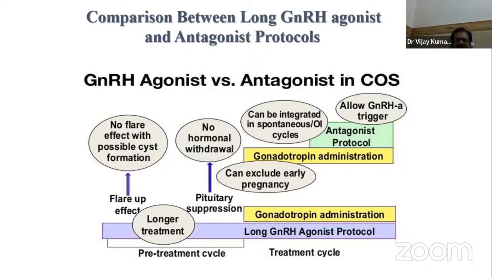Usually it is said that the antagonists are more favorable, but they are costlier than the agonists. And the antagonist protocol will be useful in preventing OHSS.